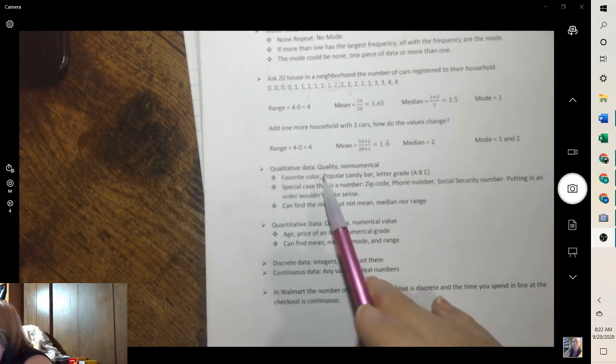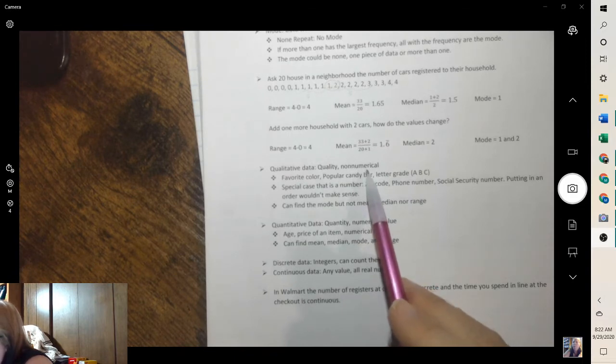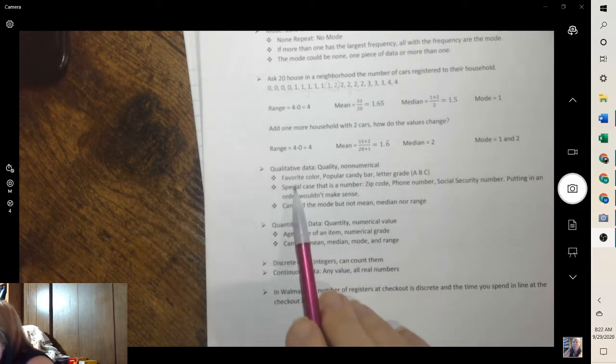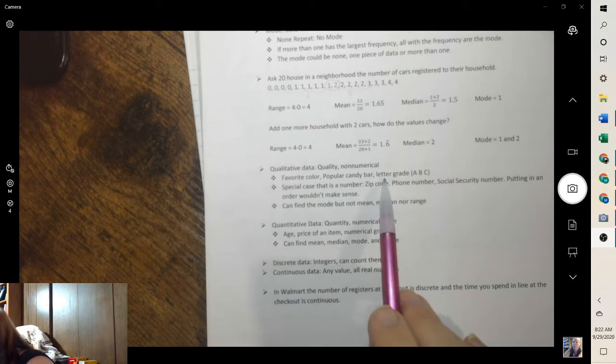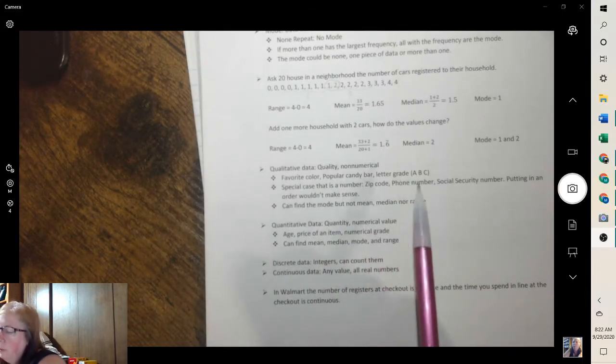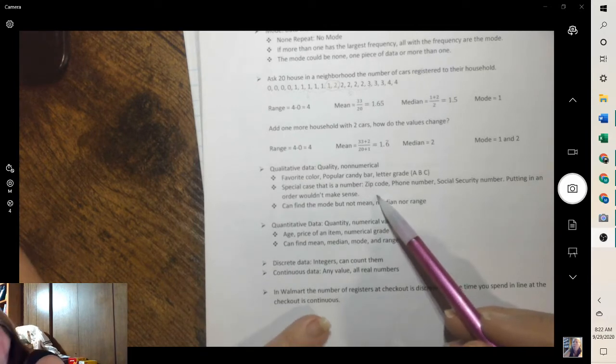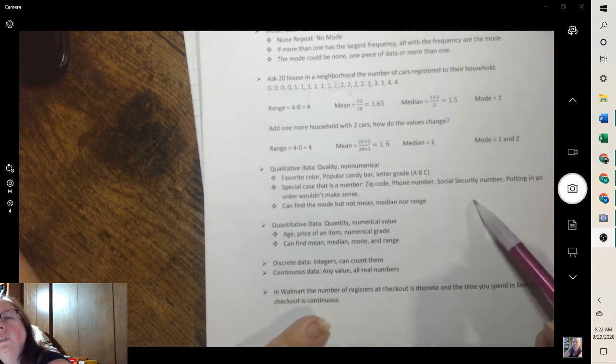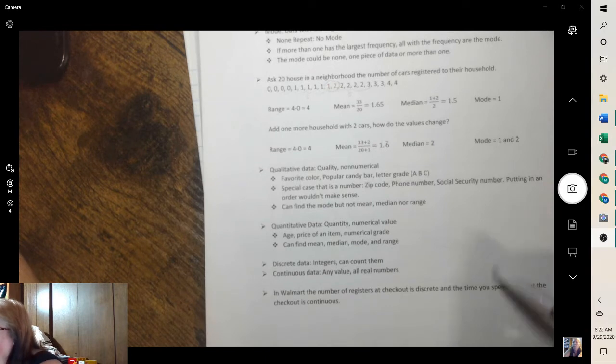Qualitative data is a quality or a non-numerical value. Favorite color, popular candy bar, letter grade. There are special cases where it can be a number: zip code, phone number, social security number. What you could think of is if you put them in an order, it doesn't really have a significance.